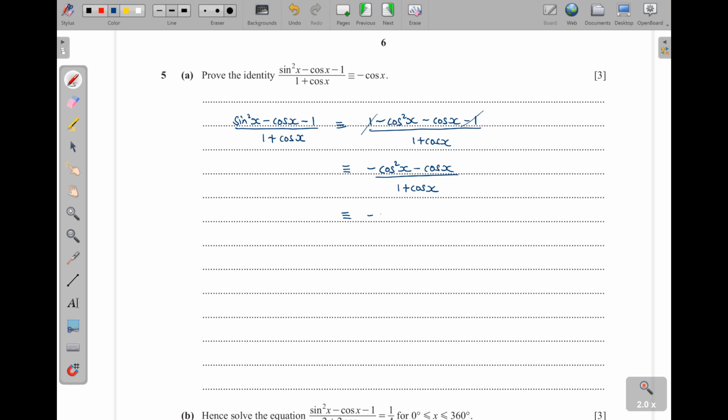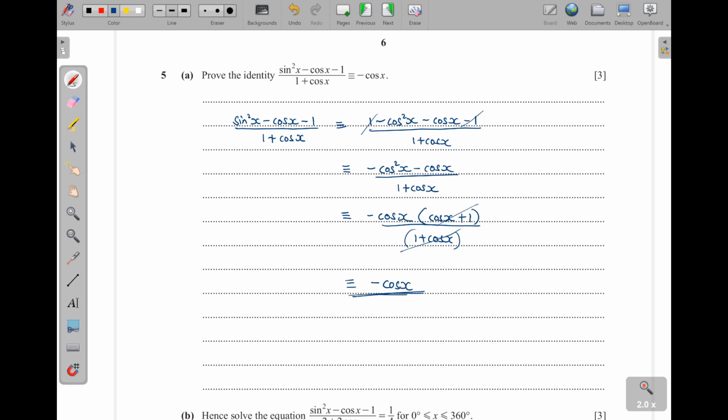If I factorize out negative cosine of x, since all of these are negatives, they are going to become positives inside the brackets. So we shall have cosine of x plus 1, then we divide by 1 plus the cosine of x. Automatically, this one is the same as that, so it goes, and we are going to have our answer as negative cosine of x.